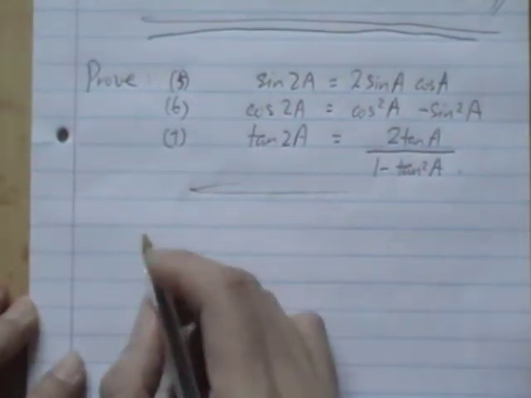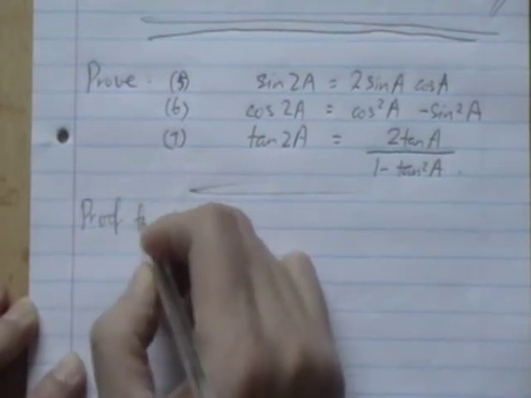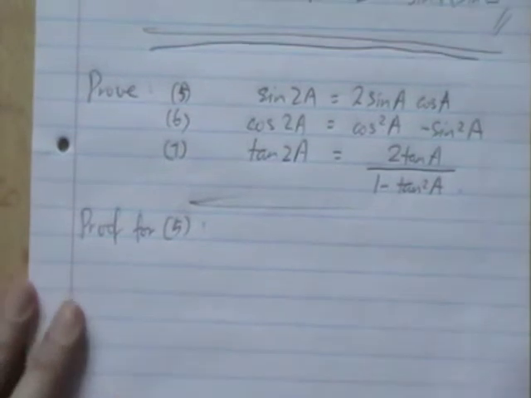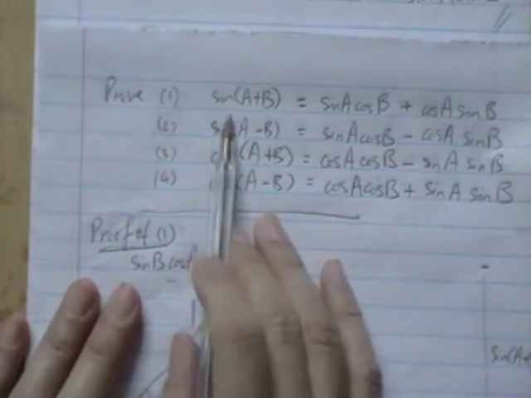Starting with 5, the proof for sine 2a. The way to do this, going back to the earlier identities, is to make use of this.